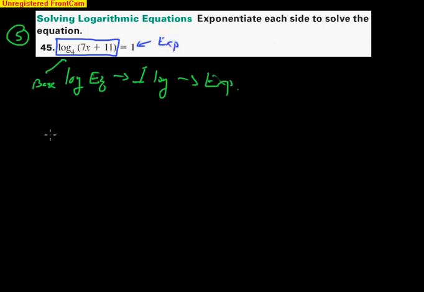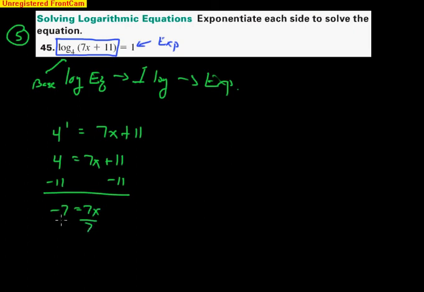So we are going to rewrite this as 4 to the first power equals 7x plus 11. And of course, 4 to the first power is just 4. And I must solve this for x. Subtract 11. Negative 7 equals 7x and divide by 7. x equals negative 1.